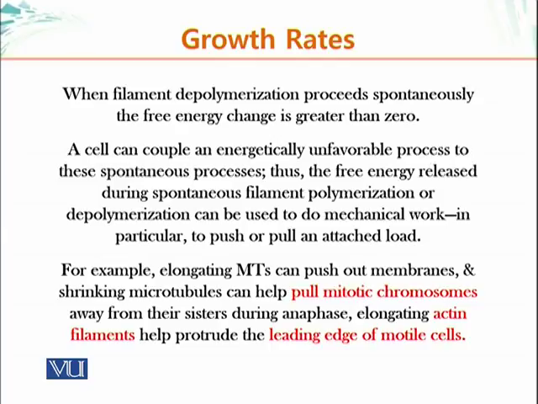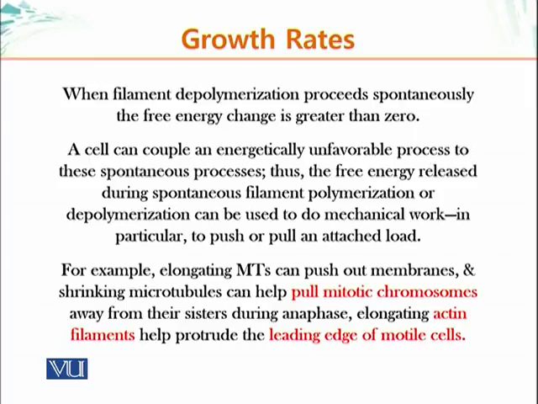Also, we know that microtubules, as we saw earlier, can be used to push membranes. Other examples, here I'll read off the slide. For example, elongating microtubules can push out the membrane, and shrinking microtubules can help pull the mitotic chromosomes away from their sister chromatids during anaphase. Elongating actin filaments help protrude the leading edge of motile cells at a different stage.